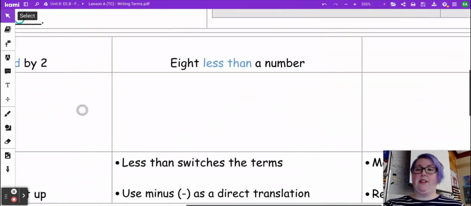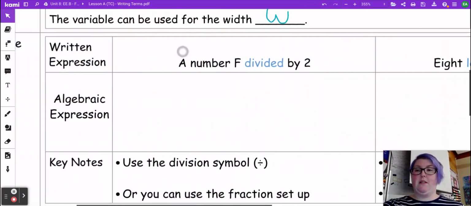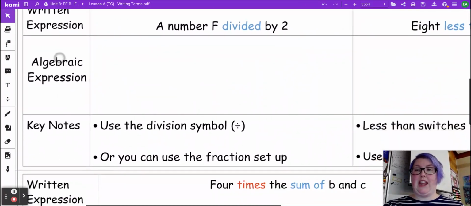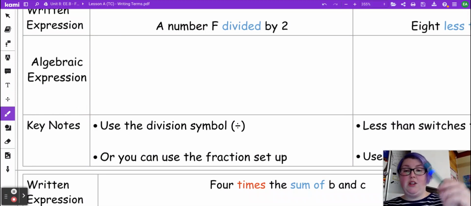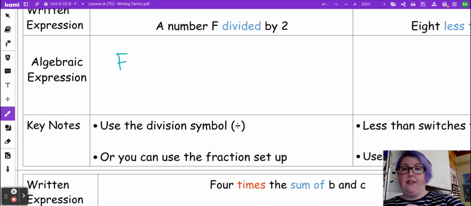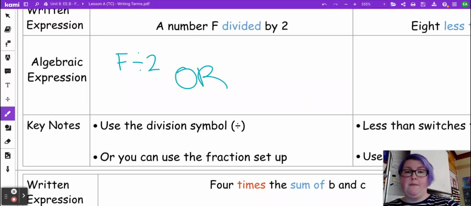All right, so now let's look at some written expressions and algebraic expressions. So when we have a number f divided by 2, we can use either the division or fraction. I'm going to show you both. So we have f divided by 2, or f on the top, 2 on the bottom.